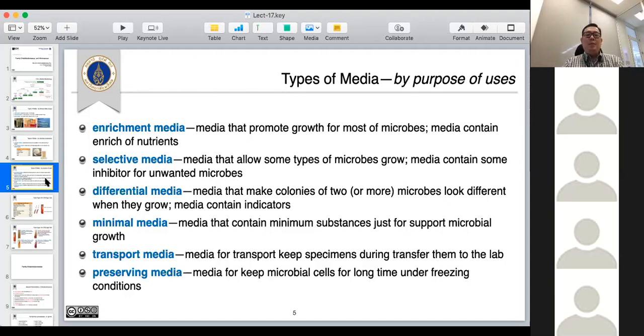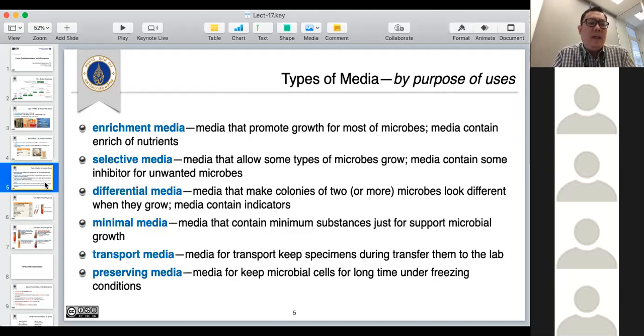Transport media keep specimens during transfer from the ward to the laboratory in the hospital. And the last one is preserving media. When you want to keep bacteria for research or reference in a very cold freezer or liquid nitrogen, you need preserving media. That's the purpose.